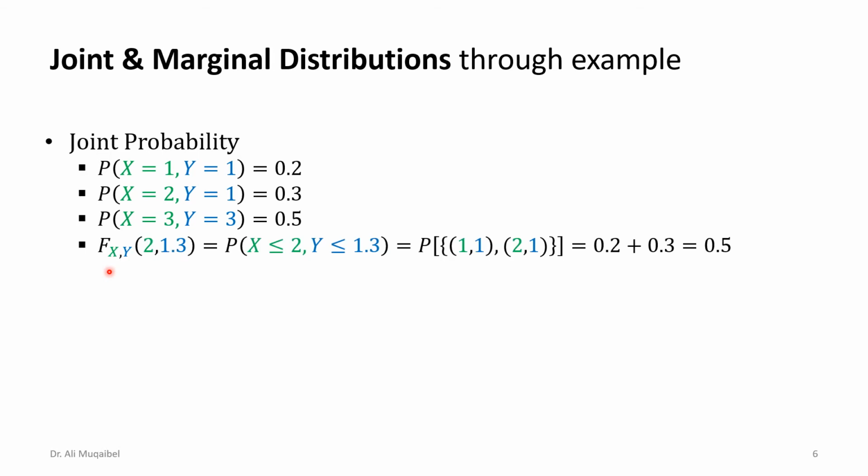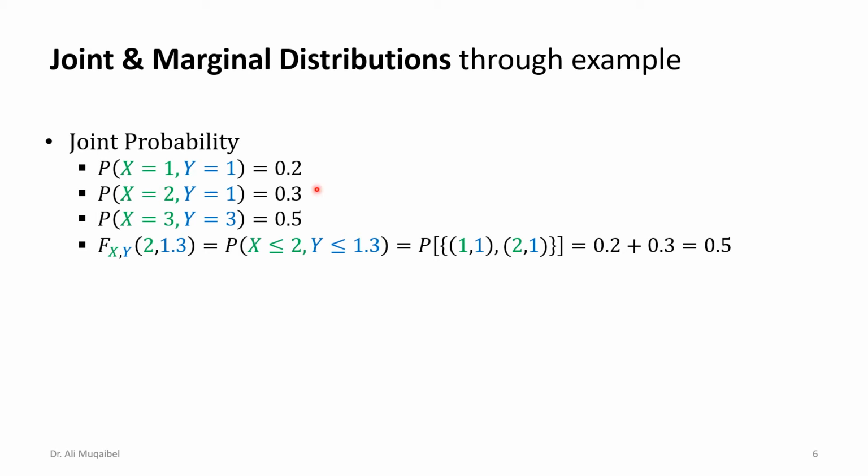Now, if somebody says the CDF of x, y at 2, 1.3, it means that the green x must be less than or equal to 2, and y should be less than or equal to 1.3. Which of these satisfy the condition here jointly? We find that there are 2 scenarios which satisfy the condition, these 2.